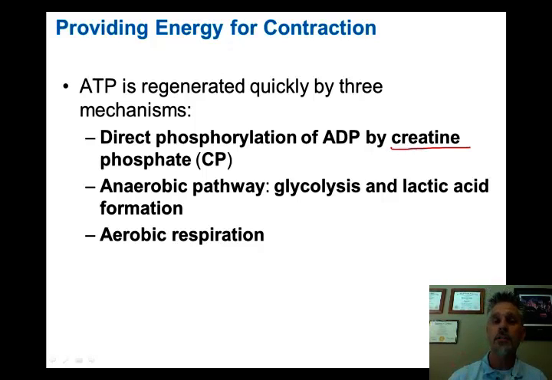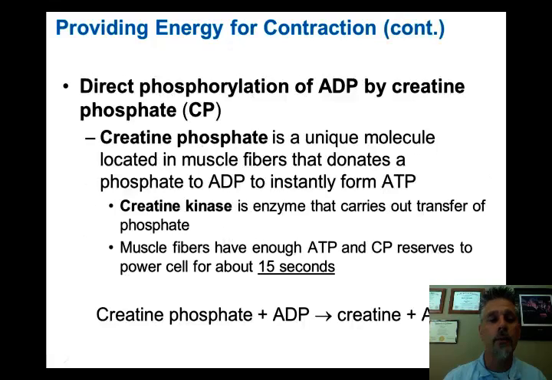But if oxygen is present, then those pyruvic acids will go into the next part of our cycle inside of the mitochondria, and that will involve what's called aerobic respiration. So we're assuming that you know those two parts. We will touch on them briefly, but the key thing we want to talk about is this first production of ATP that we maybe didn't know about previously.